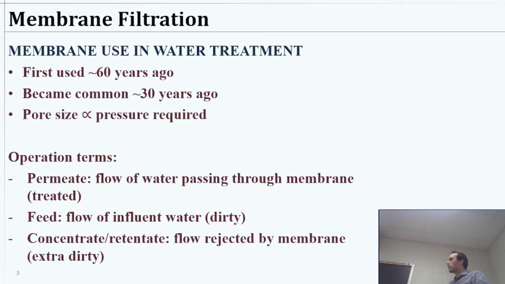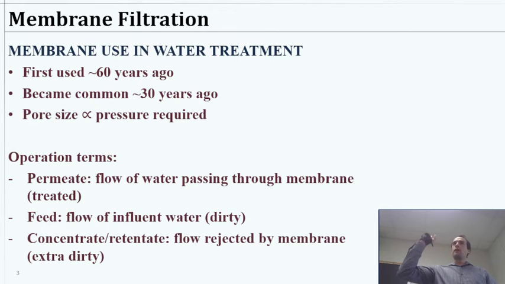So it's a little bit younger of a technology, certainly by now pretty well developed, but it's kind of interesting to think that it seems kind of simple. Oh, you just push water through and not let the particles out, right? You'd think that would probably be one of the first things, but actually chlorination has been used for a lot longer.